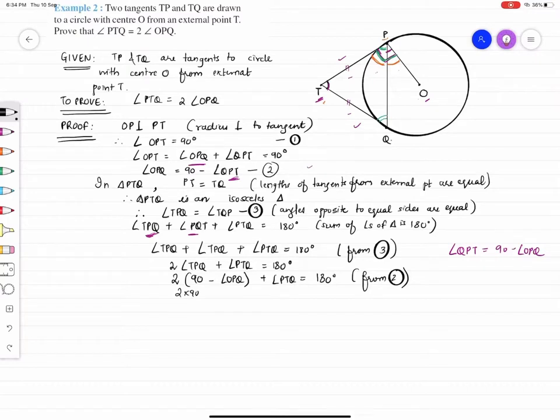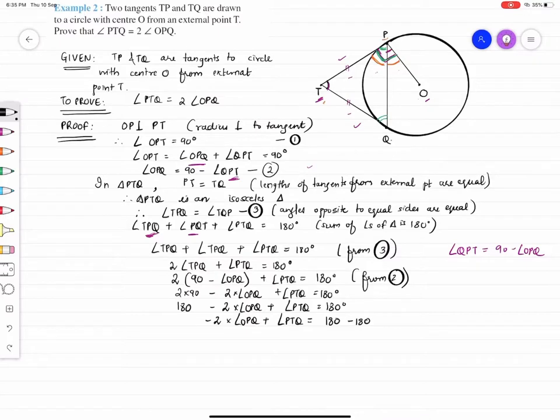Okay, now let's open the brackets. So 2 into 90 minus 2 into angle OPQ plus angle PTQ is equal to 180 degrees, which is 180 minus 2 OPQ plus angle PTQ equal to 180 degrees. Now I'll move the 180 to the RHS.